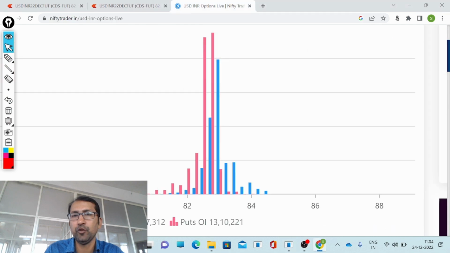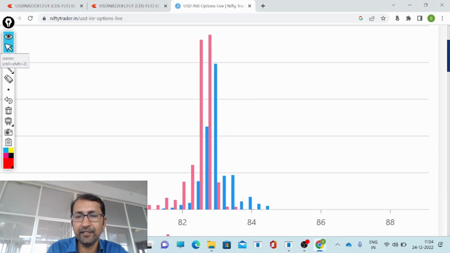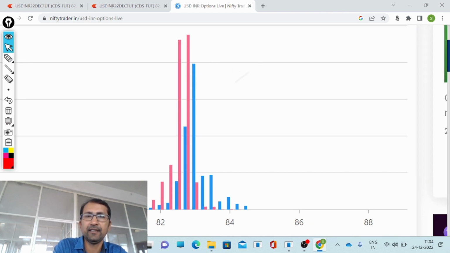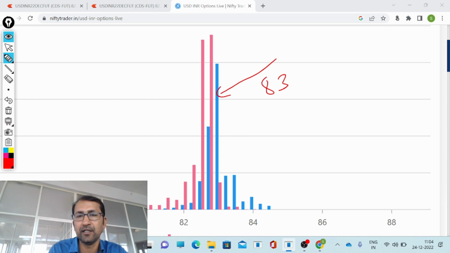Okay, so this is the open interest. If you see the open interest here, let me make it bigger. Now you can see the highest call open interest is at 83. So if I click here, you see. So this is 83, highest call open interest.